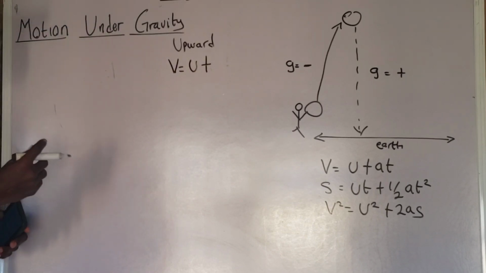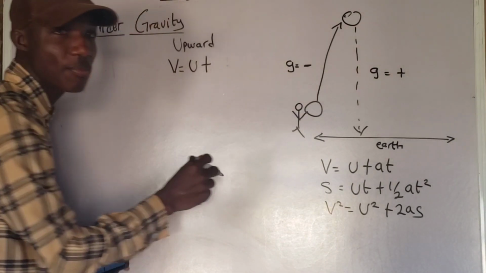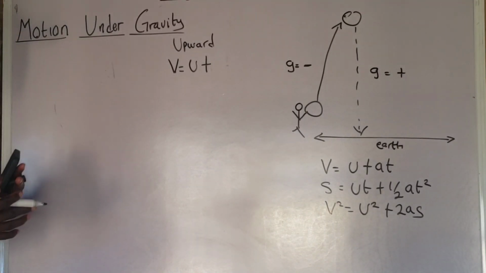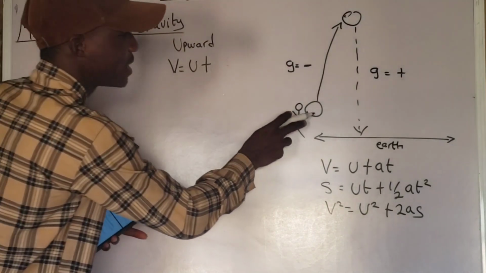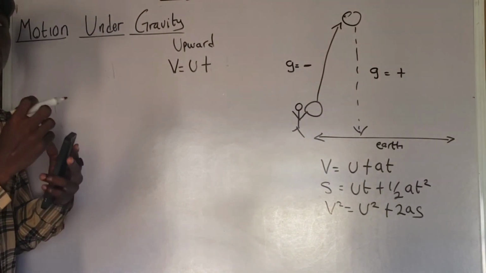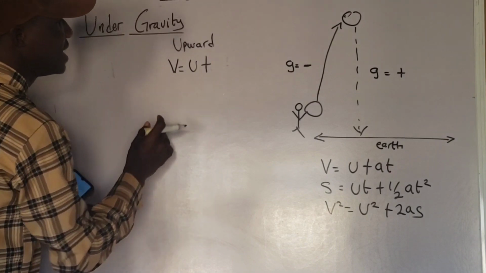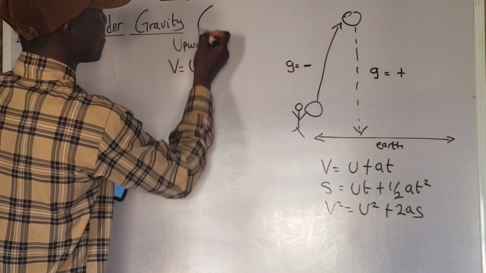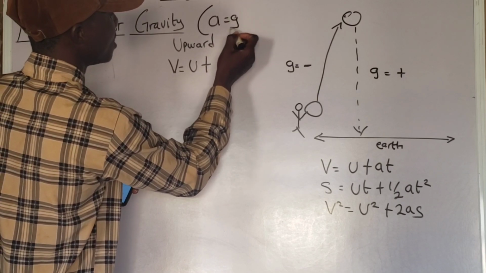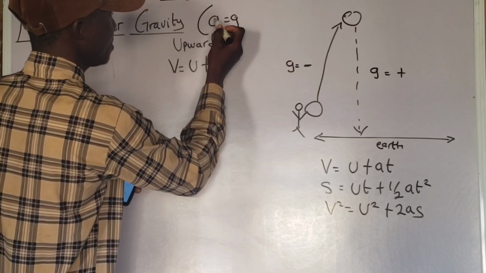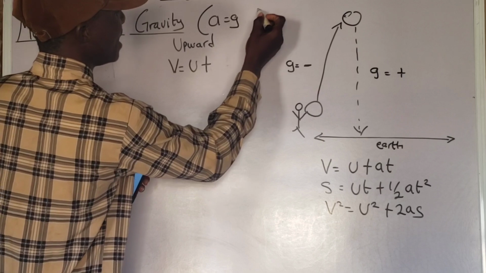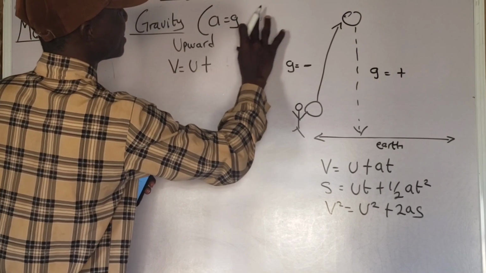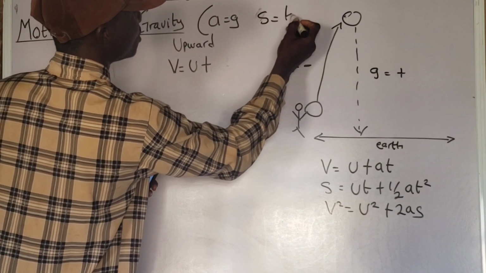Because the body is being thrown upward, like the previous example we did, the ball is being thrown upward, so the acceleration due to gravity becomes negative. So, instead of a, please pay attention: for motion under gravity, a equals g, and s equals h.